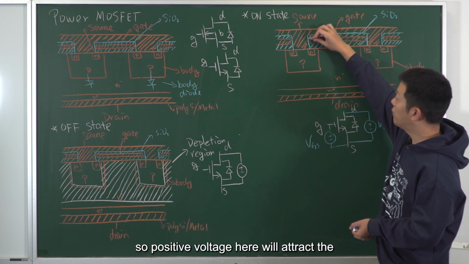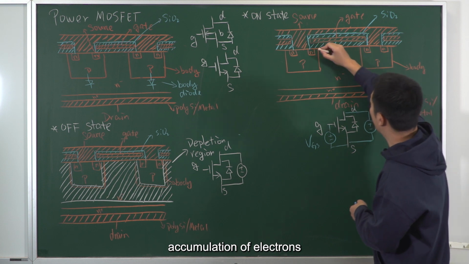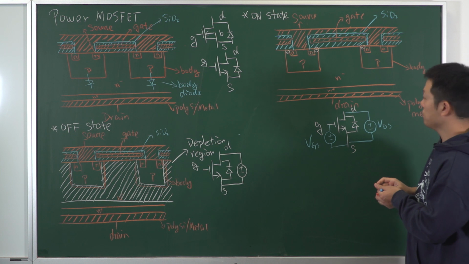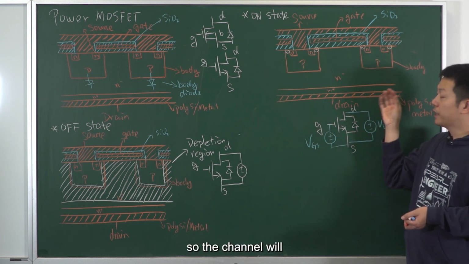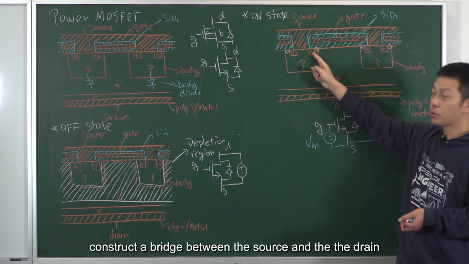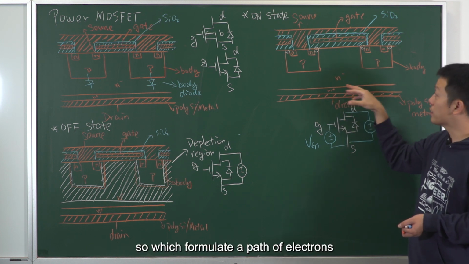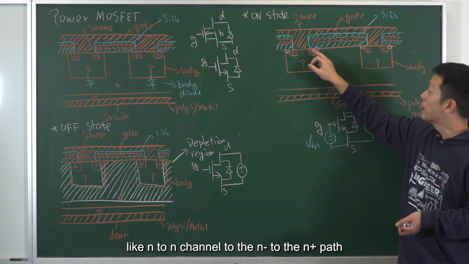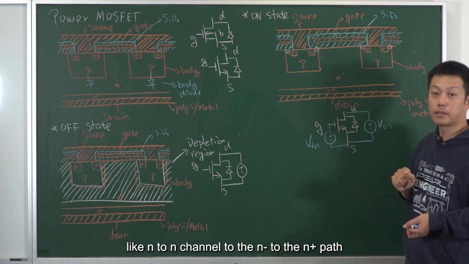So positive voltage here will attract the accumulation of electrons in the channel. So the channel will construct a bridge between the source and the drain, which forms a path of electrons, right? A path from the N channel to the N minus to the N plus.